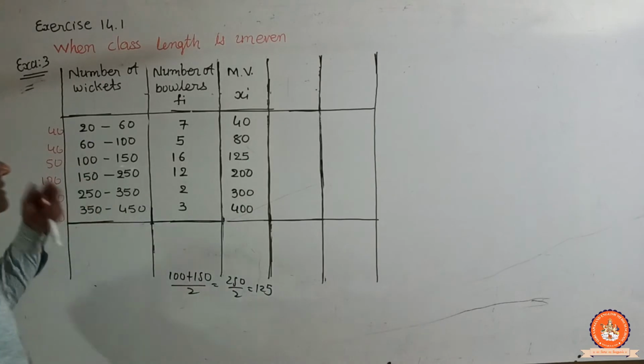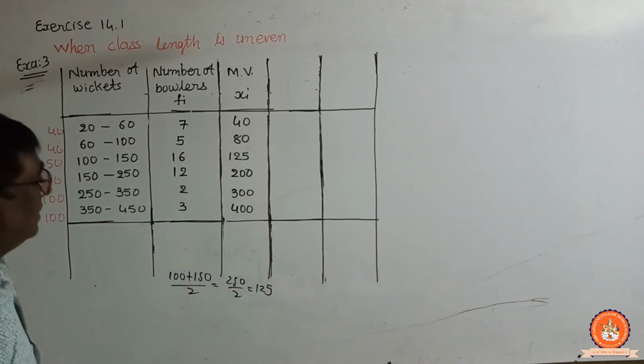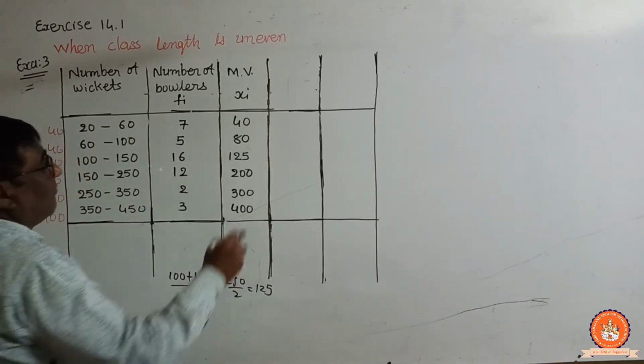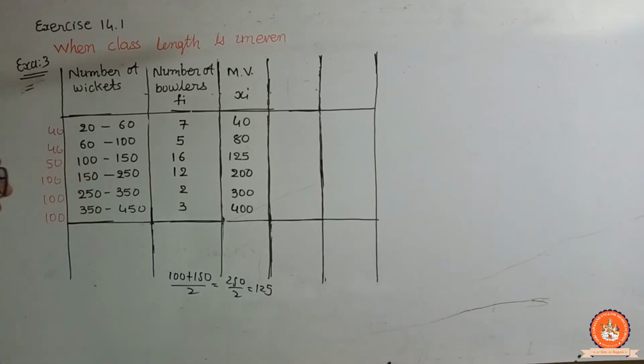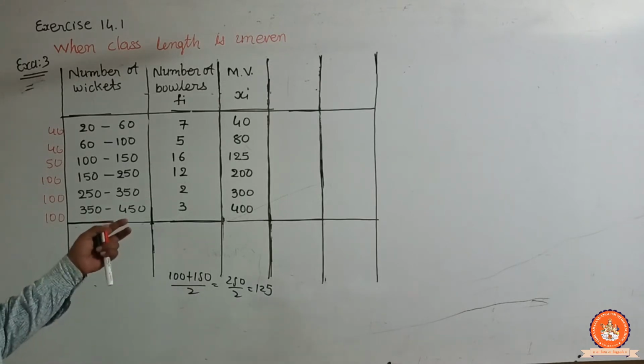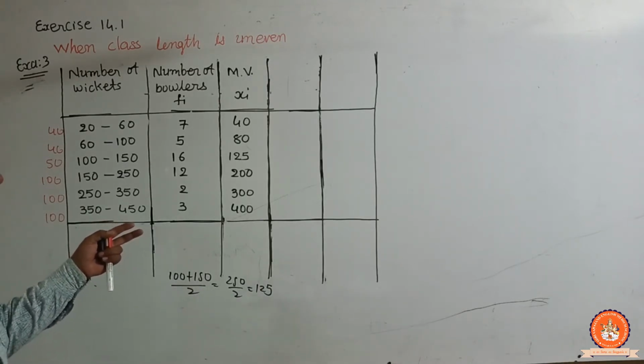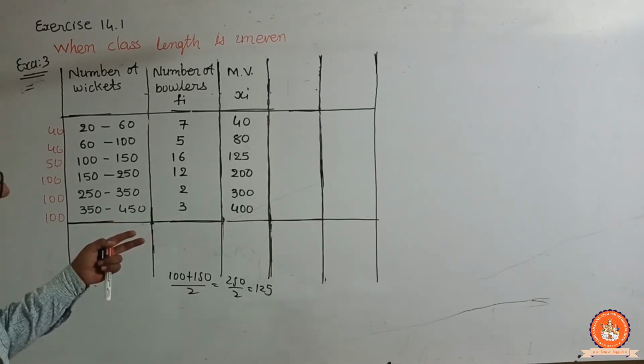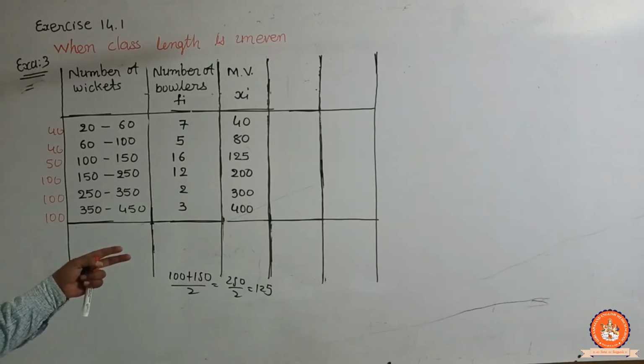Okay. Now my friends, which method we are supposed to use? Which method should we use? You can directly use the direct method. You can use the direct method also. For that you have to multiply fi and xi.